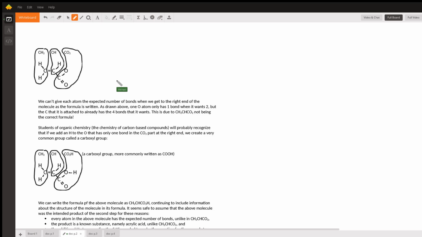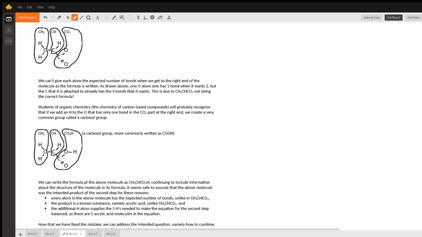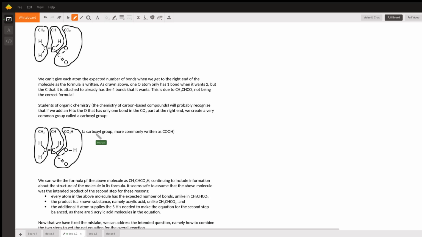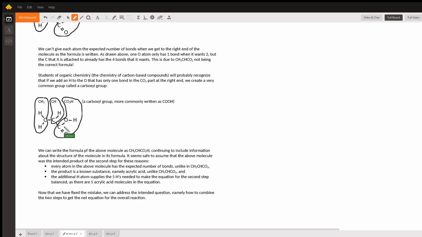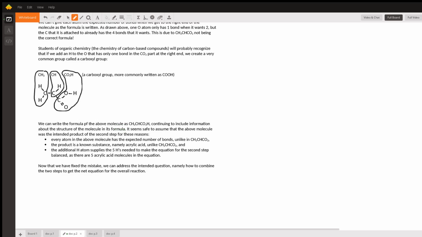Now, if you have studied organic chemistry, you might recognize this looks a lot like a carboxyl group if there was only a hydrogen there. So let's put a hydrogen there, making this a carboxyl group, which is a common thing in organic chemistry. So now I think this is right, and I'll tell you why. 3 reasons.